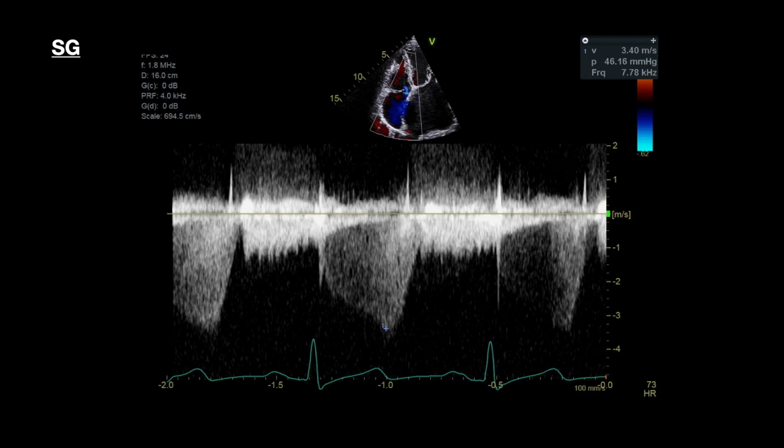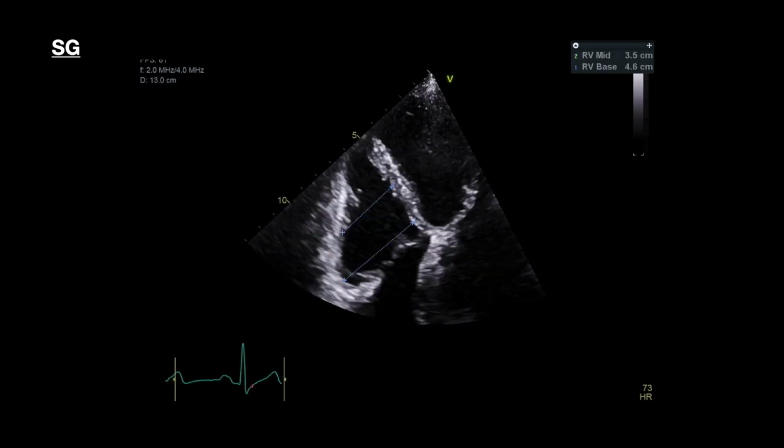And the pressure, or the velocity measure, is a little bit less there, but probably due to angle. These linear measurements indicate mild dilatation of the RV, so less than 42 millimeters or 4.2 centimeters at the base is normal.